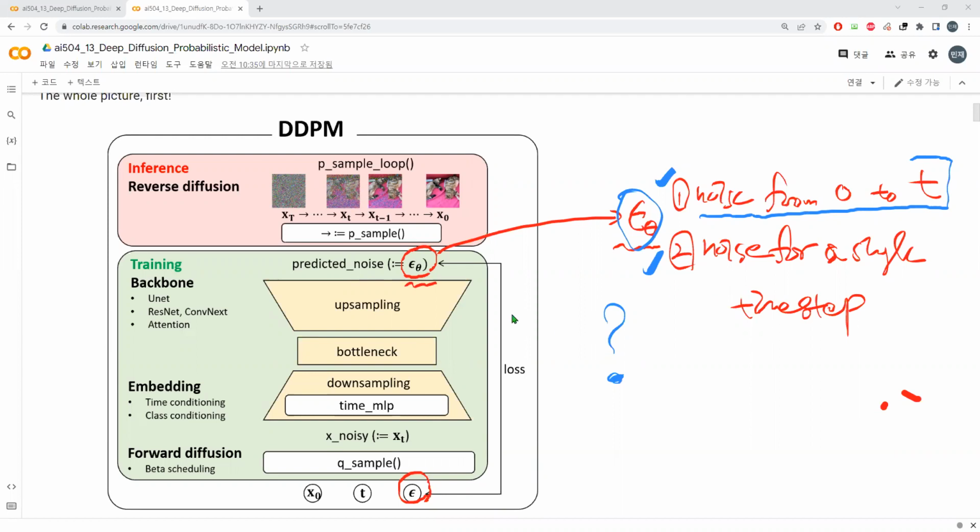So all you guys think this epsilon theta is for predicting the accumulated noise from 0 to t, right?